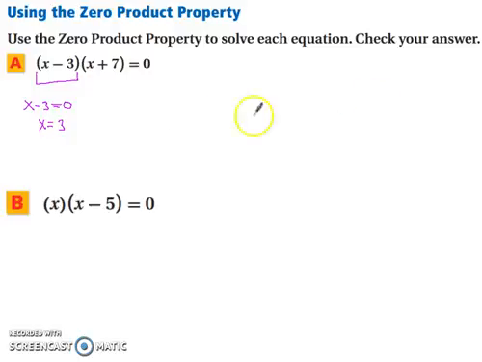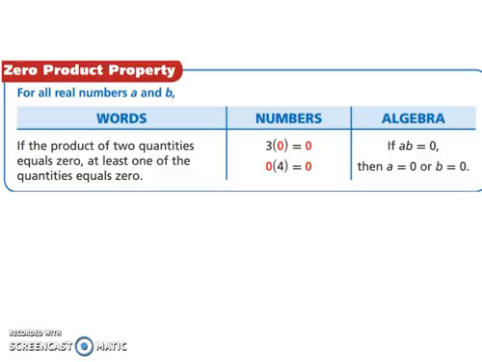In this next one here, we have x plus 7. We need to set this equal to 0. So we have x plus 7 equals 0. So x equals negative 7. You needed to do both because if we refer back to the zero product property, at least one of the values has to be 0.